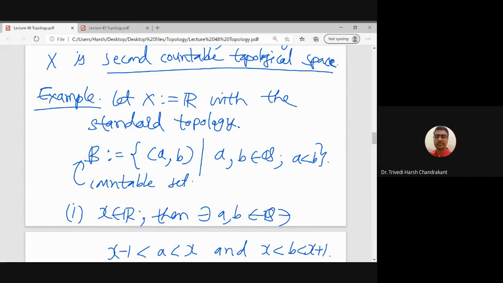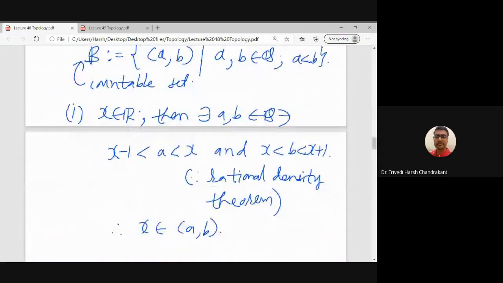If we take X equal to R, then we can find such a basis: the open intervals having endpoints as rational numbers. So this collection forms a basis.